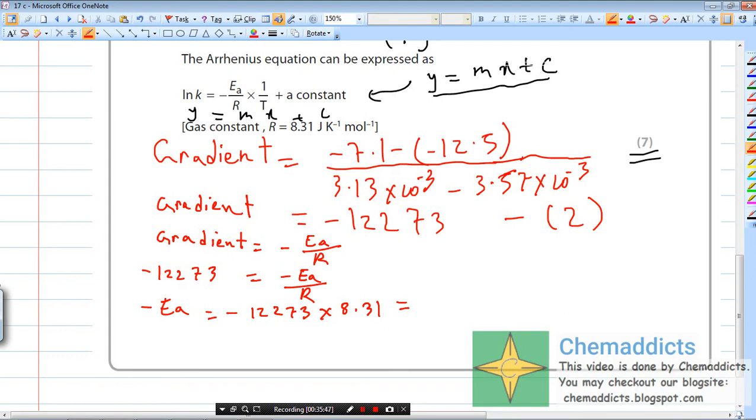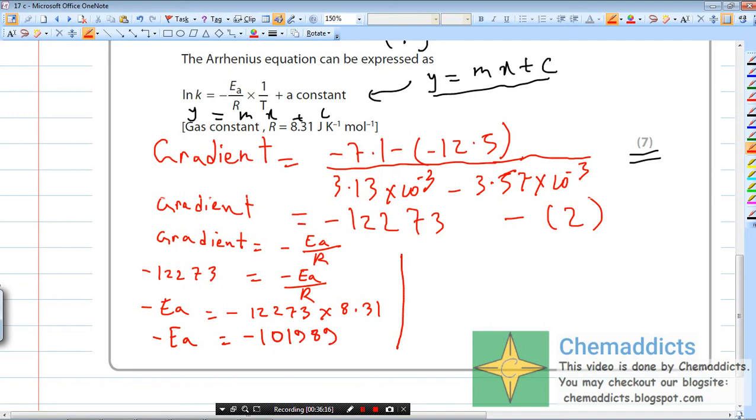Okay, so we will get something like, let me write it here. So we will get minus EA is equal to minus 101989.